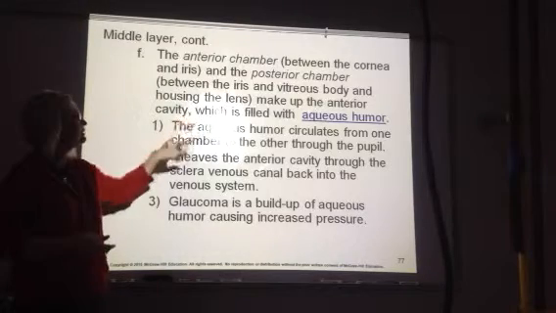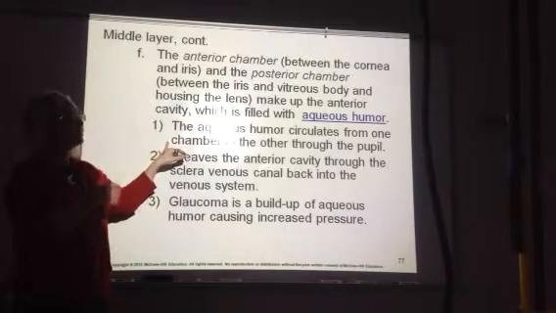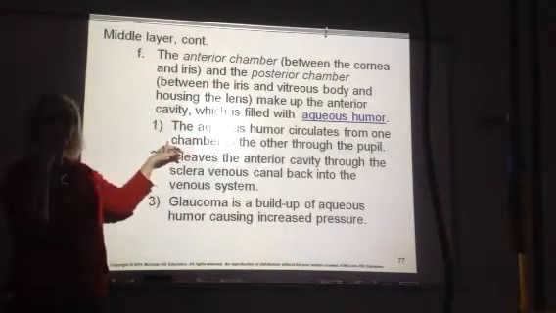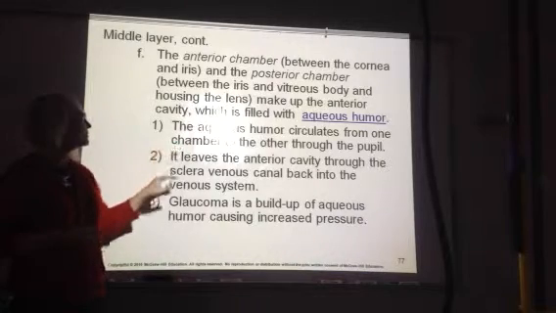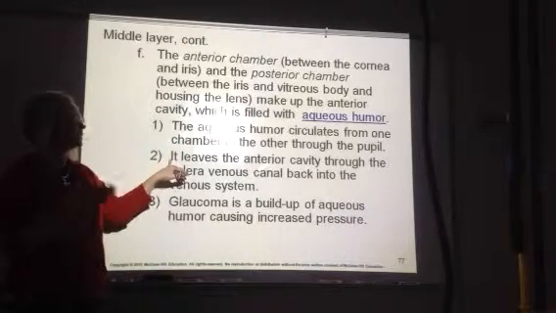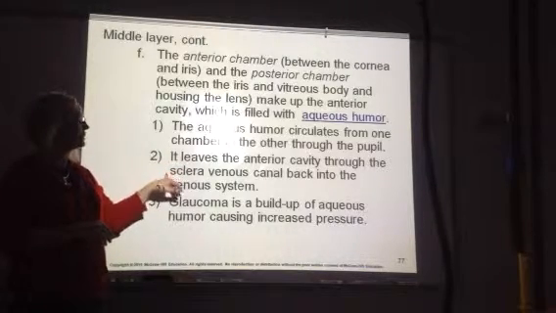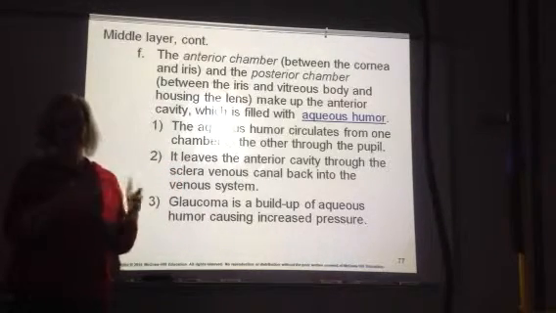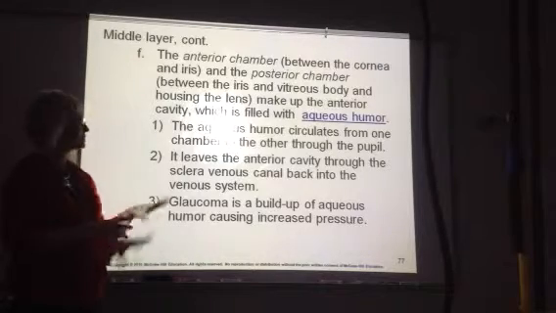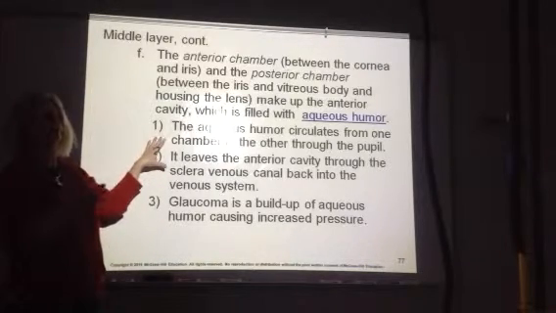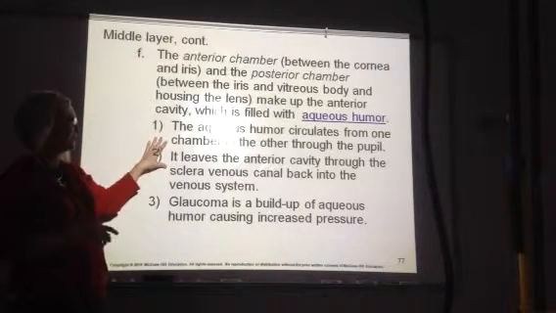It's very runny. And it circulates from one chamber to the other. It actually transfers through your pupil. And it's also going to leave the anterior cavity and go through the sclera and actually into your venous system. So it's a very thin liquid that transfers very easily.